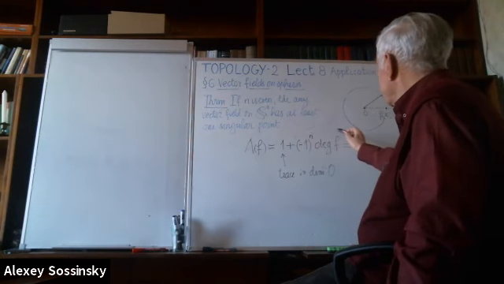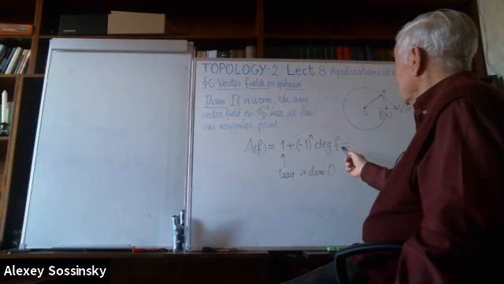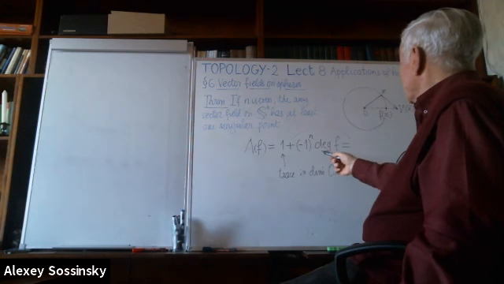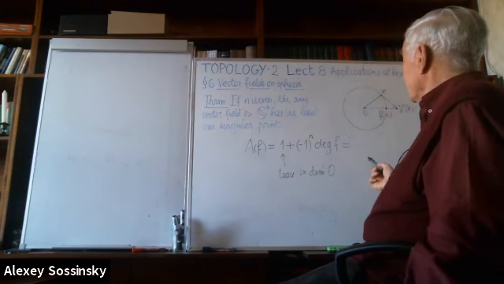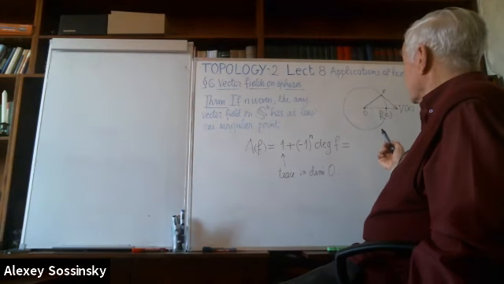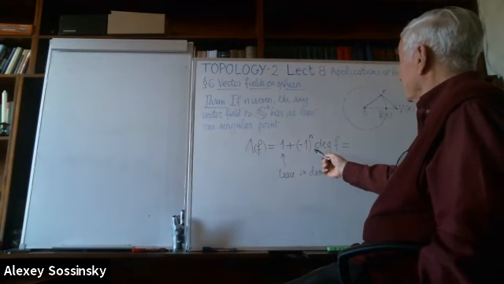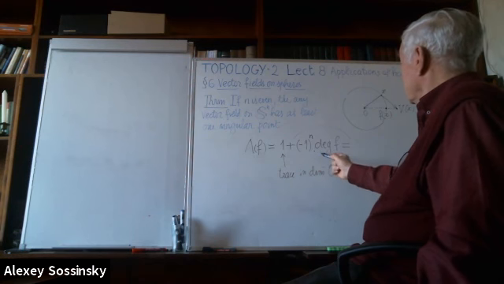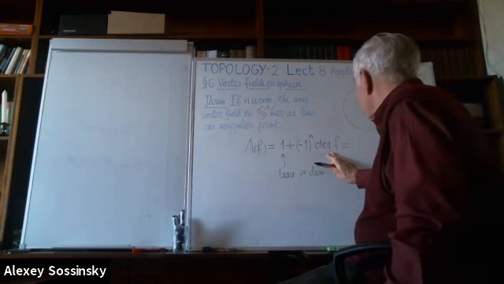Now, this is something which we don't know what it's equal to, except that the degree of f is... no. The degree of f is 1, sorry, the degree of f is 1.